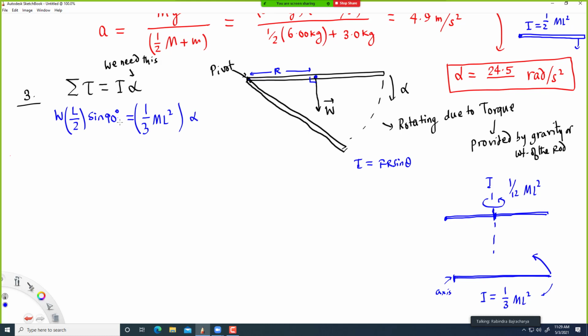Everything here is known except alpha, so we need to find alpha. m g, W is that, times L over 2, sine 90 is 1, equals 1/3 m l squared alpha. M and m cancel. This L and one of the L's cancel. So this 3 you can take to the left, so 3/2 g over L is alpha.